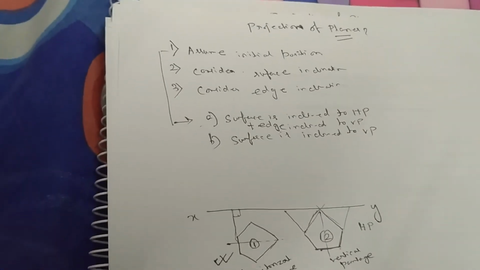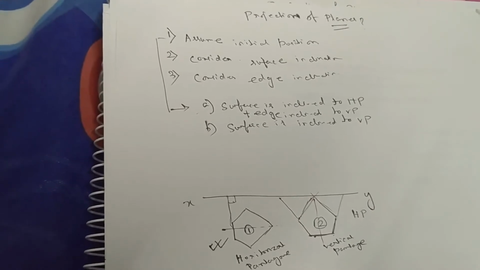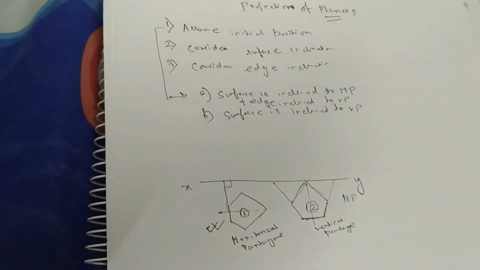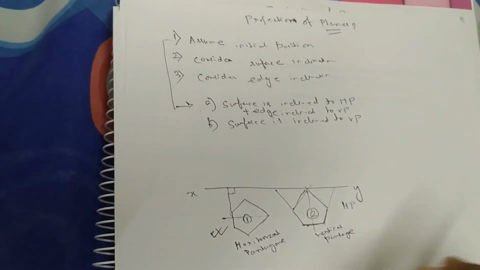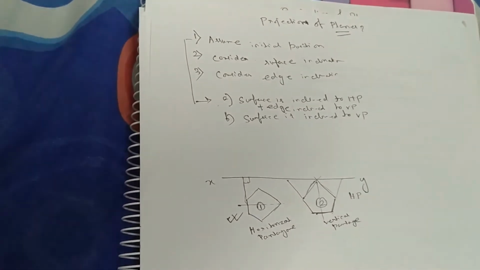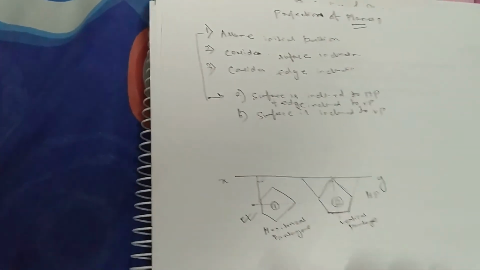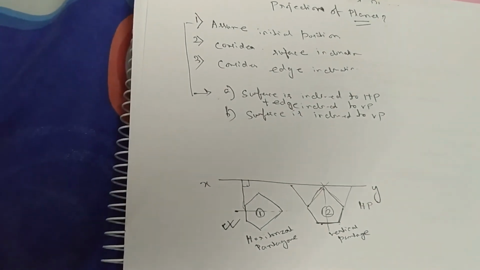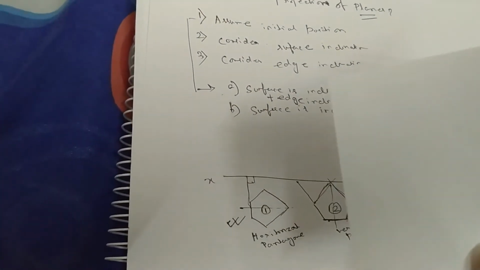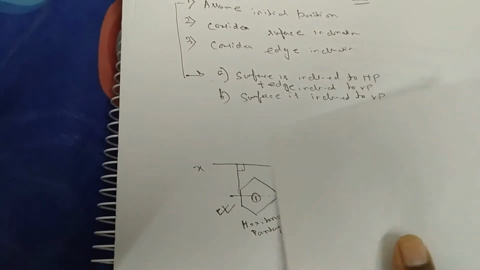Now we are going to go through our second point, surface is inclined to VP. If this is our vertical plane, it will make some angle theta like that. Actually the consideration is the same. Again, how are we going to see our true shape?